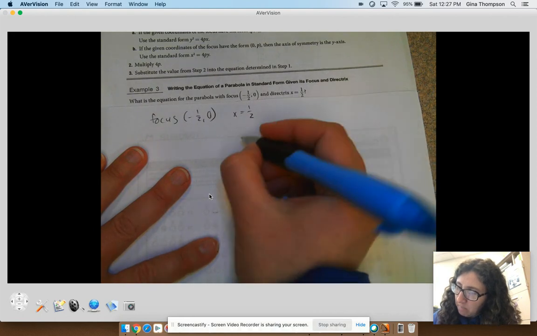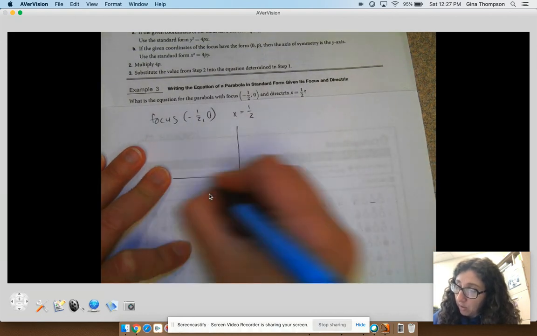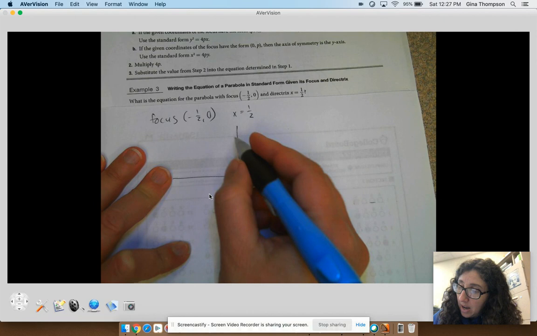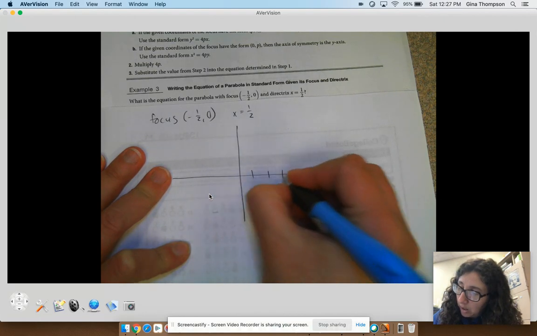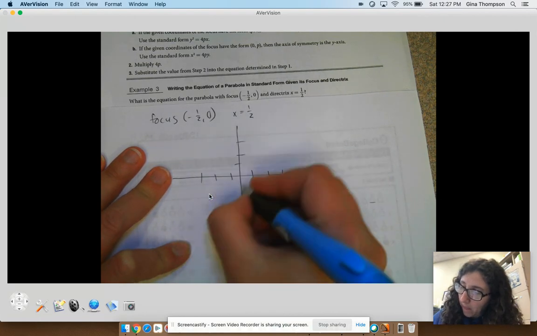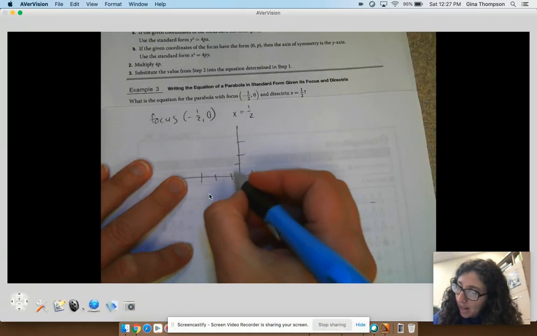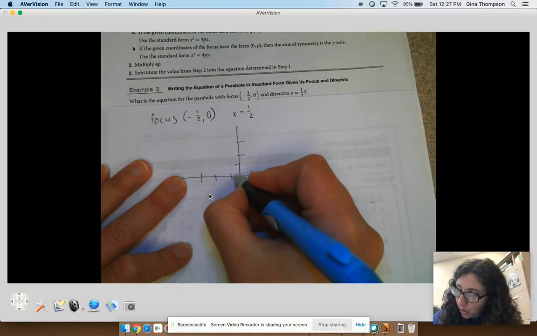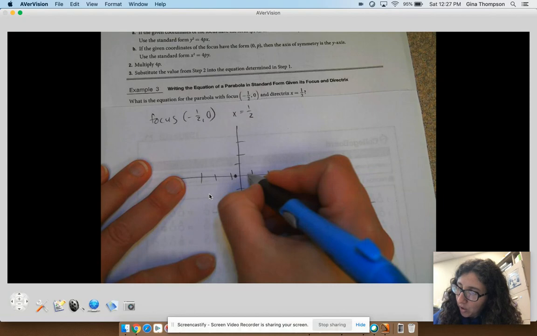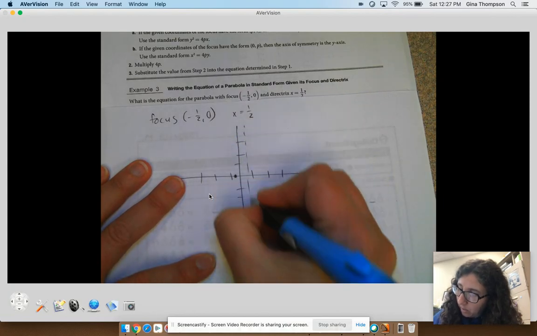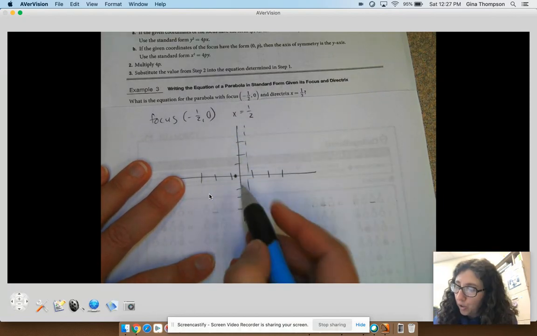All right, let's just plot these things because I don't really have any sense of this at this point. So 1, 2, 3, 1, 2, 3. The focus is at negative 1/2, 0. So there's the focus. And the directrix is at x equals 1/2. So there's the focus and the directrix.